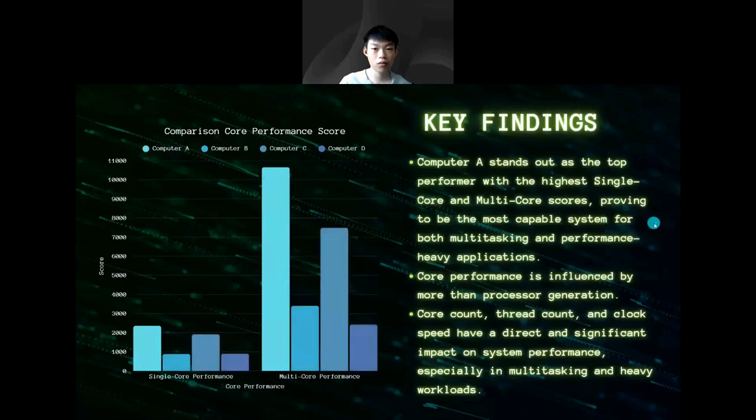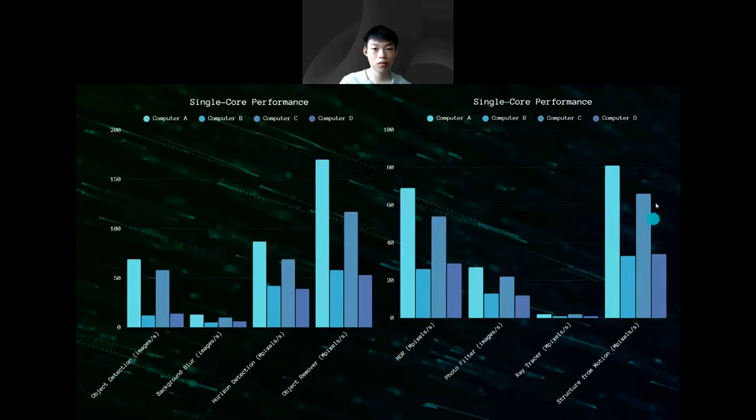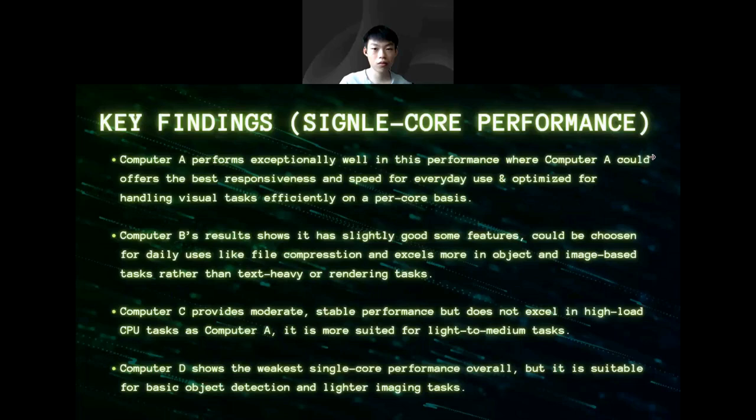Next slide. Then here is the result for the single-core performance test. Throughout this test, we can find out that computer A performs exceptionally well, offering the best responsiveness and speed for everyday use and is optimized for handling visual tasks.